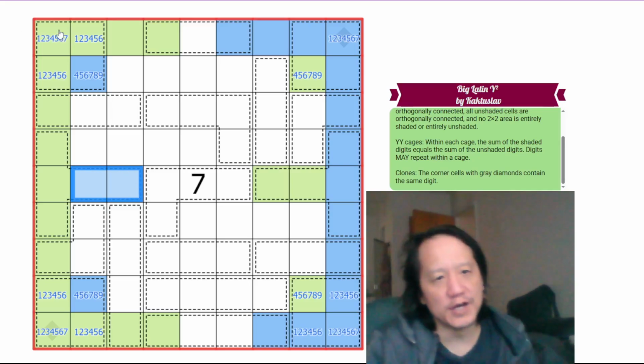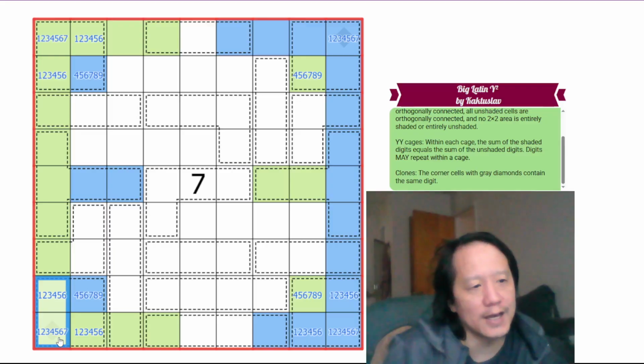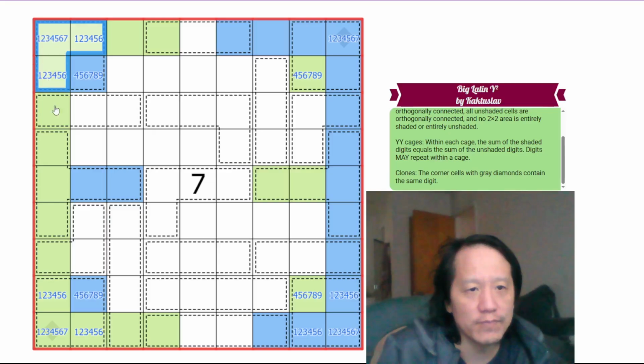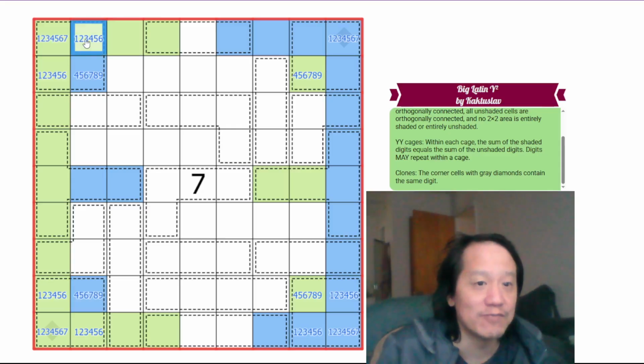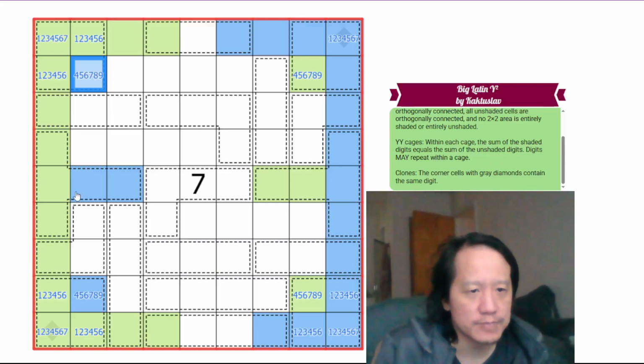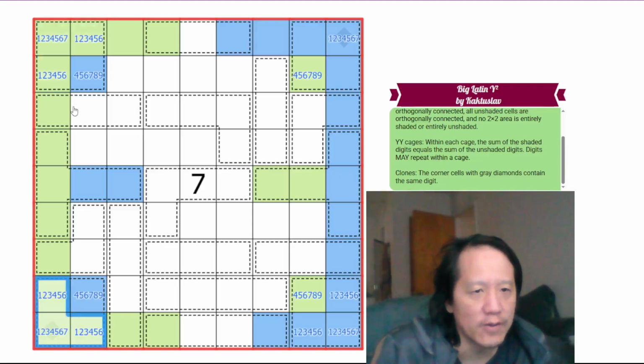Because we know that these 4 have to be less. So these 3 by themselves have to be less than 9. So these 4 plus these 2 have to be less than 17, right? Since these are less than 17, these 2 can only be 3 at least.